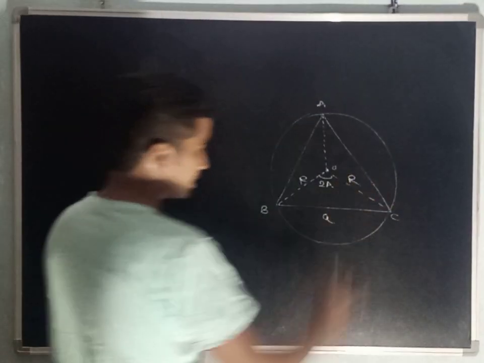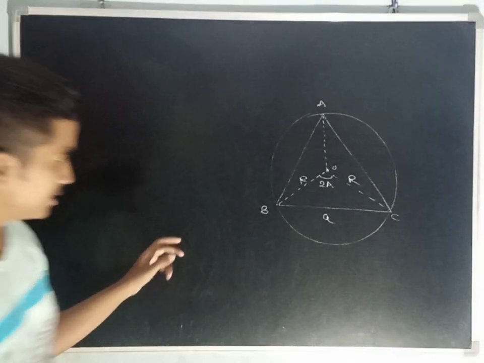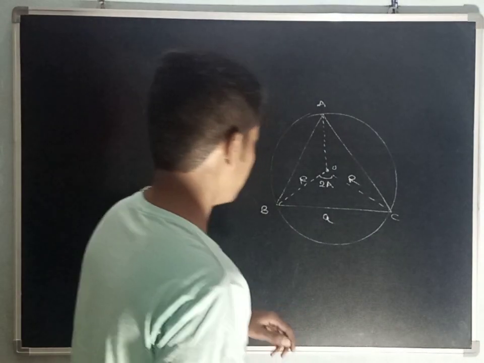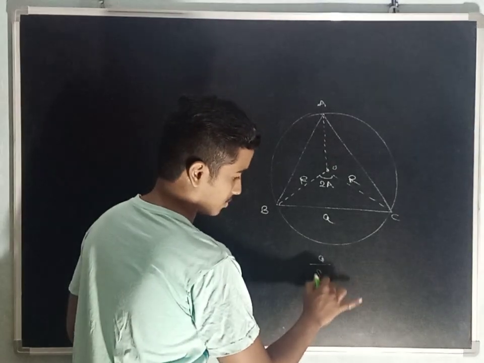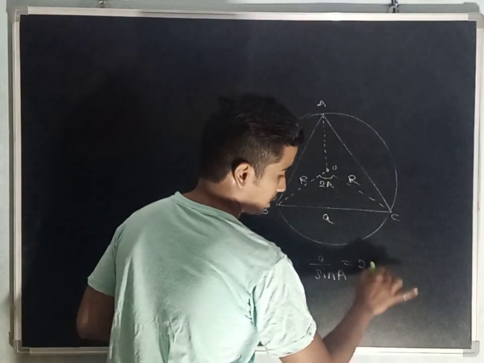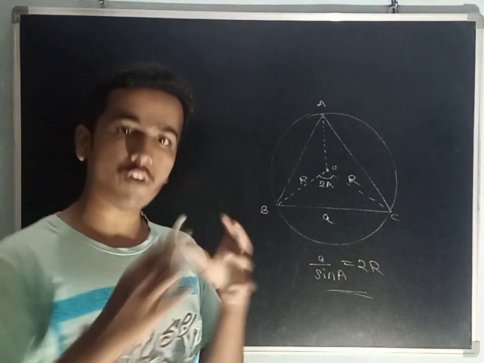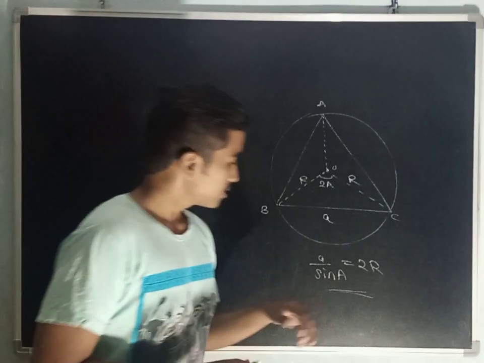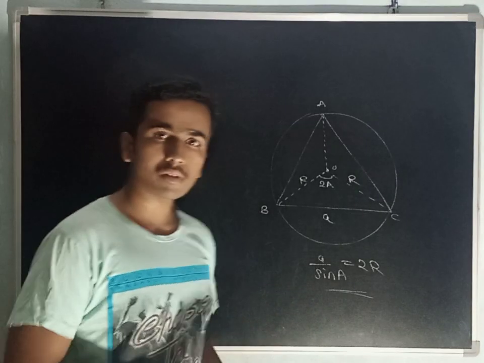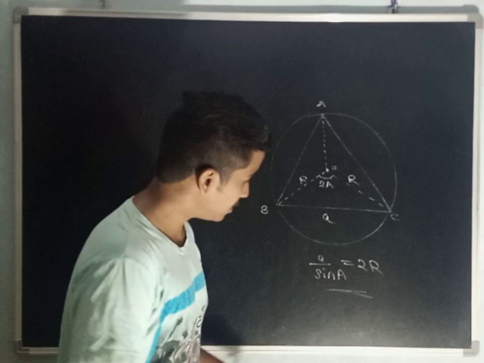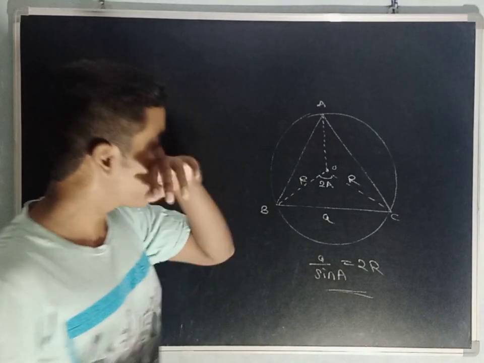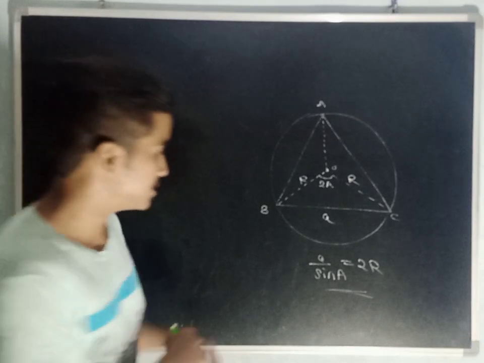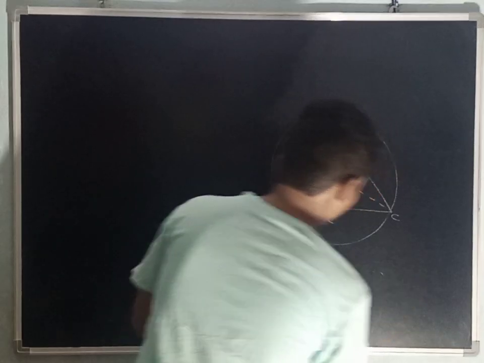Here it is capital R, and small a is the side. Previously we derived that a by sine A is equal to 2R using the concept of area of a triangle. Today I am going to make you understand that not only can we prove this using the area of a triangle, we can also prove it using multiple concepts.